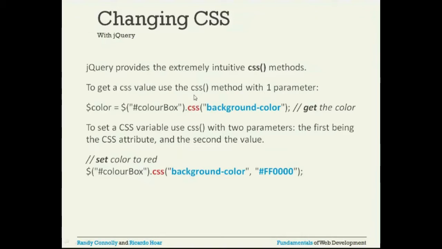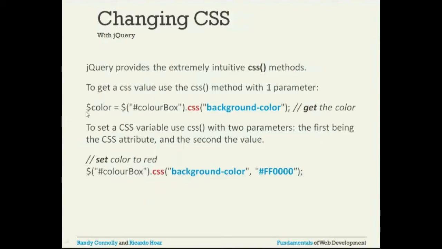To get, we send one parameter, and if you want to set, similar to prop and attr, CSS is the same method, one method used for setting as well as getting the values. If you send one parameter, it will get. If you send two parameters, it will set that particular value. The first parameter is the CSS property, and the second parameter is the value.